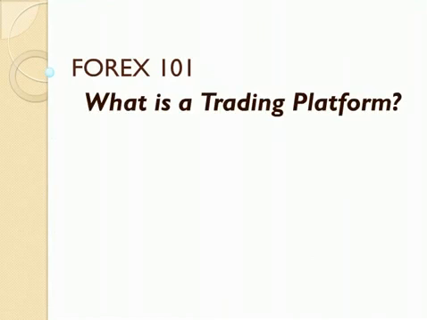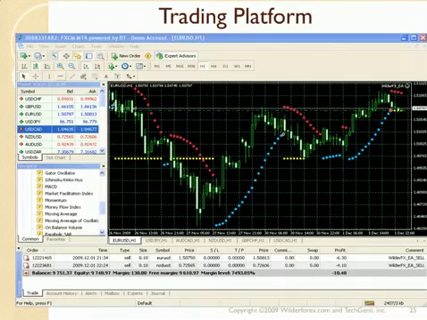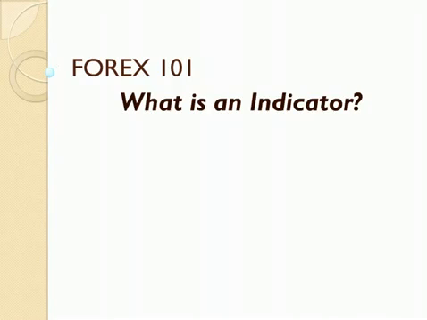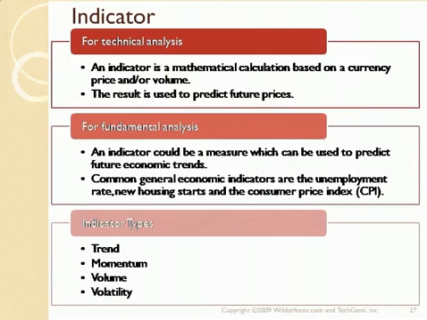What is a trading platform? A trading platform is the software typically provided by your broker used to make trades through their system and for managing your account. What is an indicator? For technical analysis, an indicator is a mathematical calculation based on a currency price and/or volume.